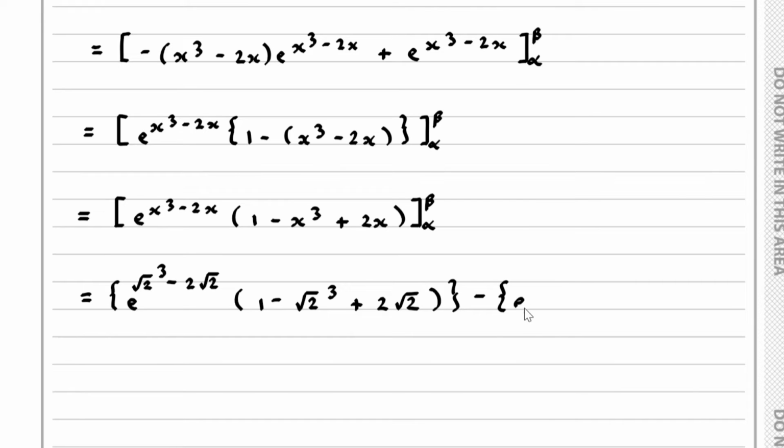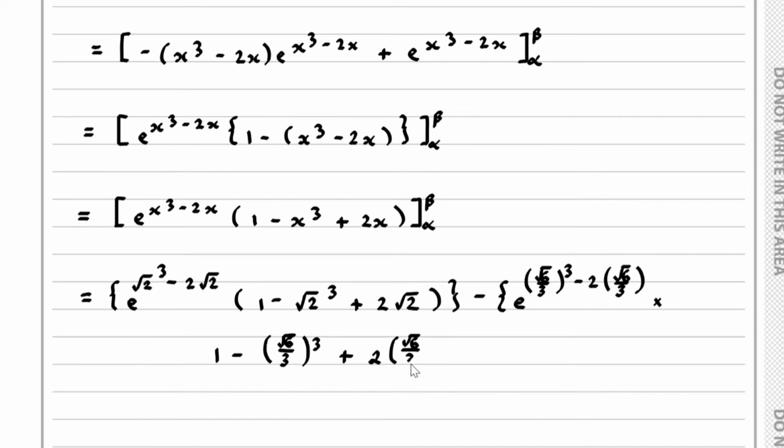So we have e to the root 6 over 3 cubed, subtract 2 times root 6 over 3, and then we multiply this by 1 minus root 6 over 3 cubed plus 2 times root 6 over 3.